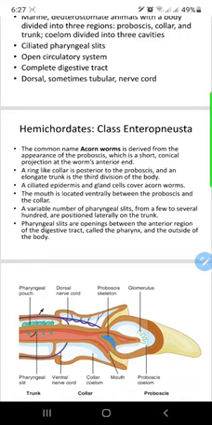A dorsal septum and a tubular nerve cord are present. These are the salient characteristics of the hemichordates. Mostly they are called acorn worms.